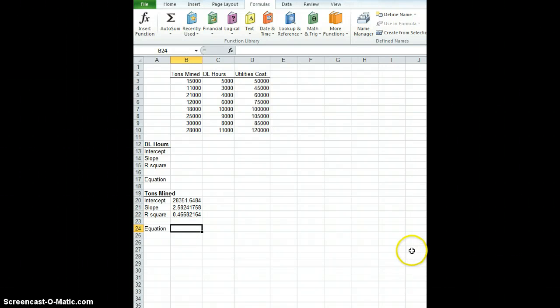Therefore, the cost formula for this problem would be Y equals 28,351.65 plus 2.58X.